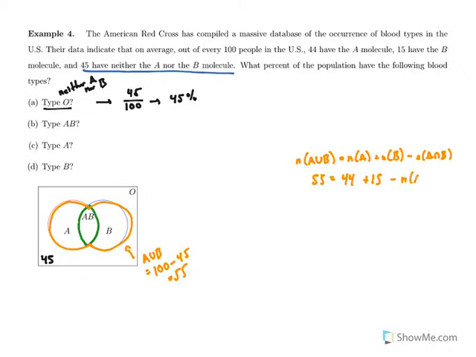And we're looking for the intersection. So it's going to be 55 equals 59. That's going to give us that this intersection is 6. So type AB, the intersection, is going to be 6 out of 100. 6%.